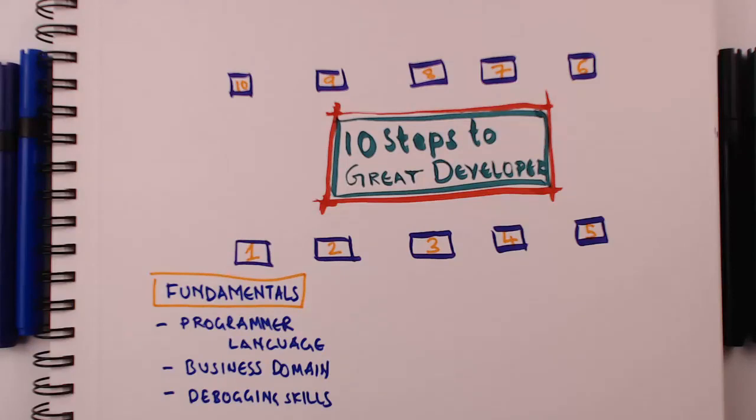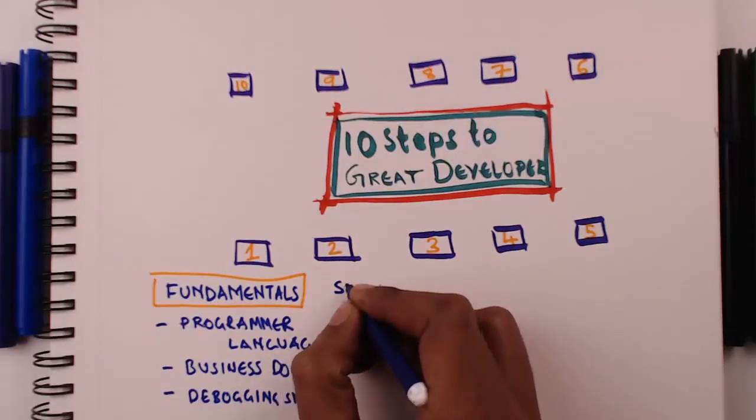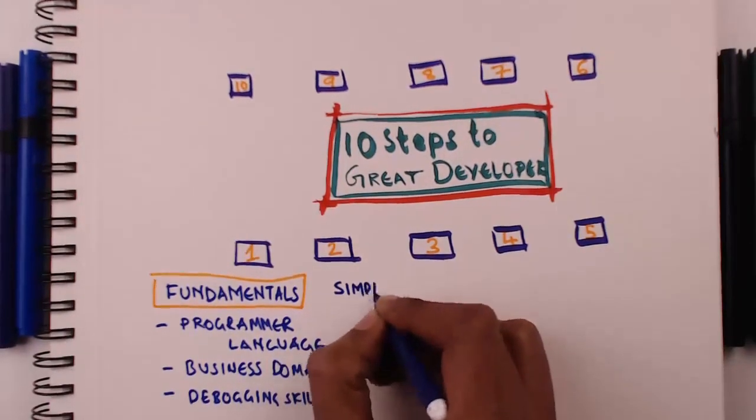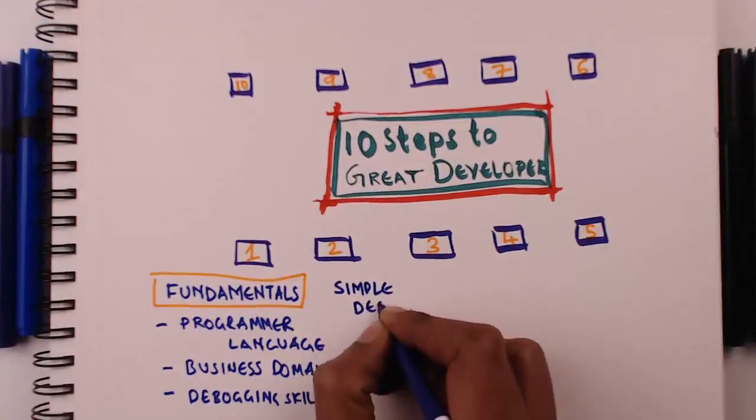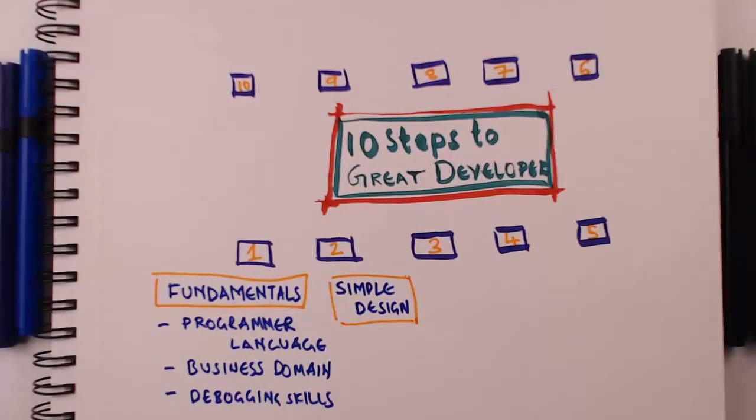Now, let's get down to the second important factor according to me. The second important factor according to me is simple design. So, simple design. What do I mean by simple design? One of the most important aspects to be a great developer is to write maintainable code.